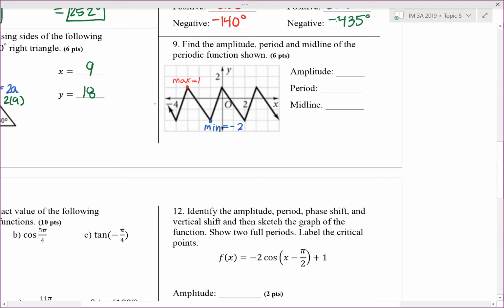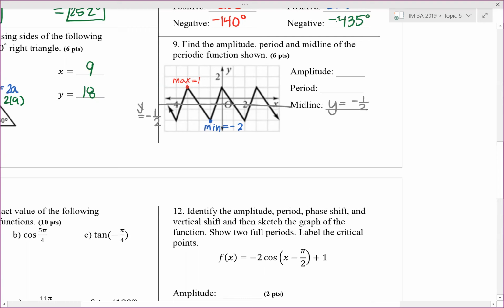So that means that the midline is going to go, let me draw that better, through negative 1/2, so that I have half and then 1 to the max, I have half and then 1 to the min. Okay, so remember that this line, because this is at y equals negative 1/2, that's our midline.